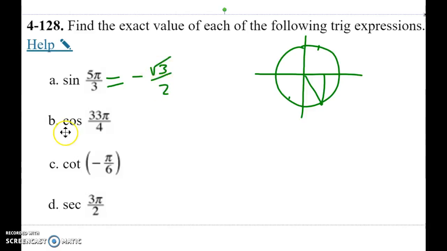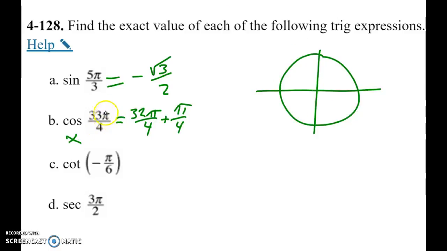Okay, so for b, I'm looking for the cosine, or the x value, of 33 pi over 4. This is one of those crazy ones that goes multiple times around the unit circle before it stops. So 33 pi over 4, so we've got one full revolution would be 8 pi over 4, and then another time around gets us to 16.